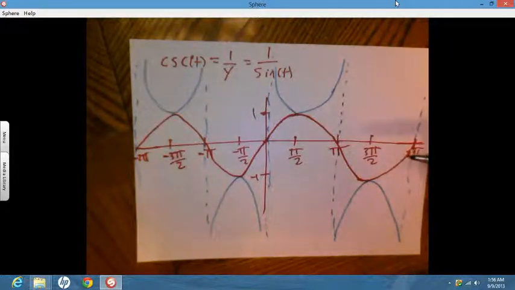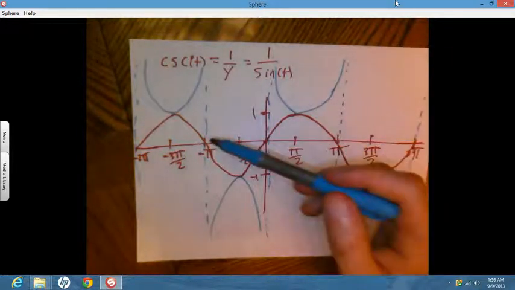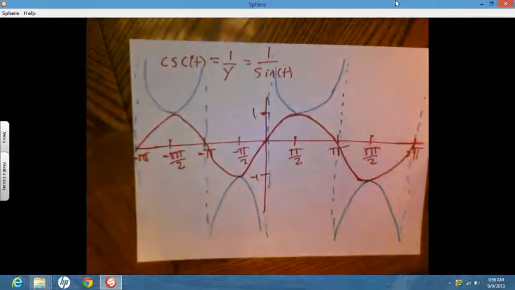Okay, and the last one I want to take a look at is the secant function. Okay, and that'll be the last one I do.